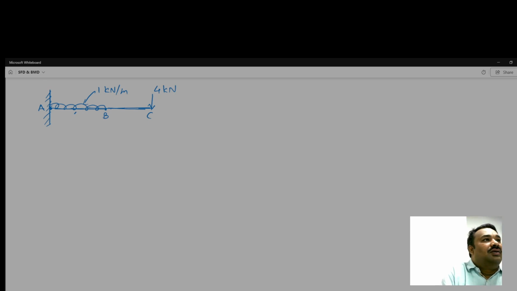Okay, this is the 4 meter span, 2 meter span in between B and C. So the problem statement is what? Draw SFD and BMD by calculating their values.